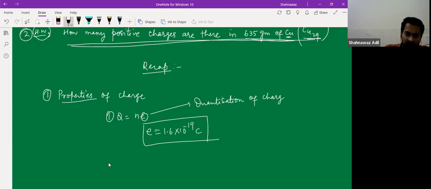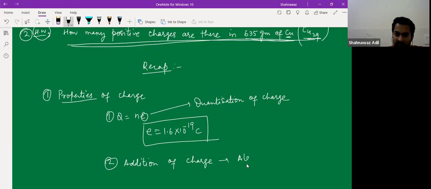The second property we learned is the addition of charges. You can do the algebraic sum of the individual charges, so the total charge is the algebraic sum of the individual charges.